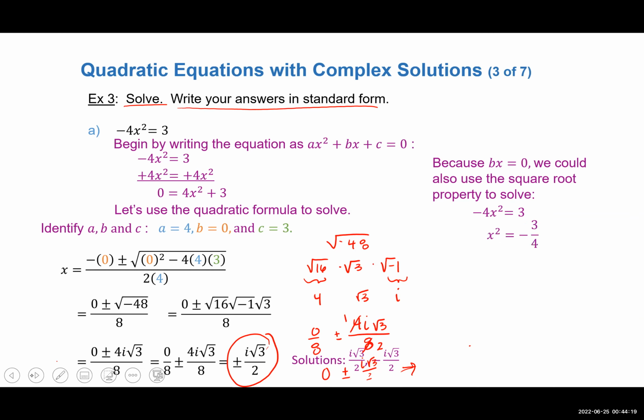Divide by -4, and then take the square root. And the square root of the top, you're going to take the -1 and the 3 out, and the square root of 4. And so that becomes i root 3 over 2. Same thing. You could choose to do whichever one you want. The reason why we can do either of these is, again, because it's only one term with an x squared.